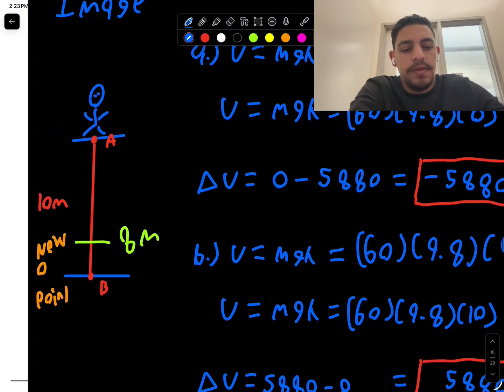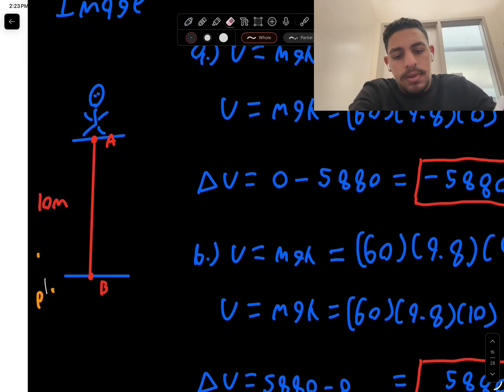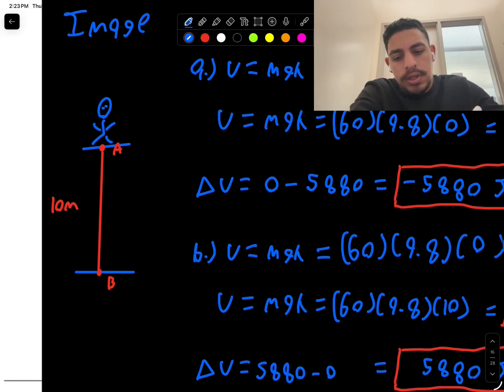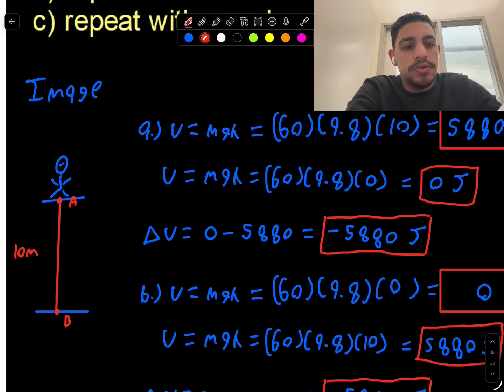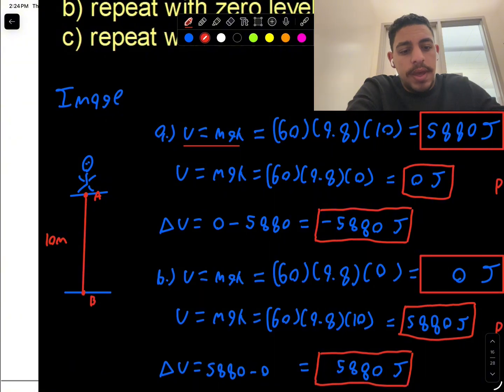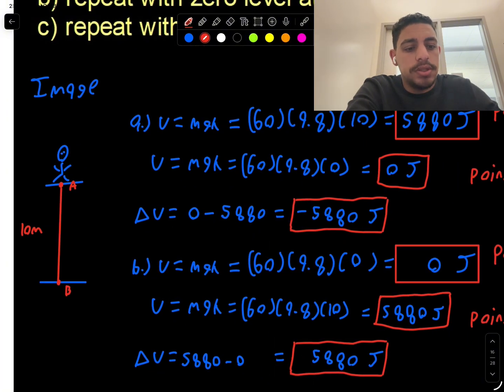So let's stop here for a second, right? What it's saying is this is initial point A, that's where the skier is, right? This is what the initial problem is saying. This distance is 10 meters between each other. And so all we have to do is go back to our potential energy equation, right?